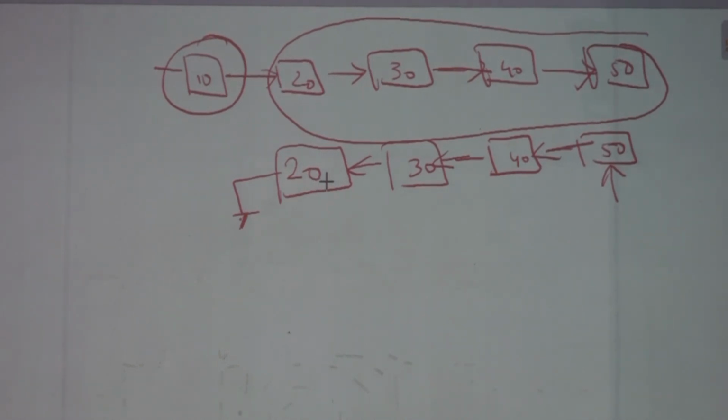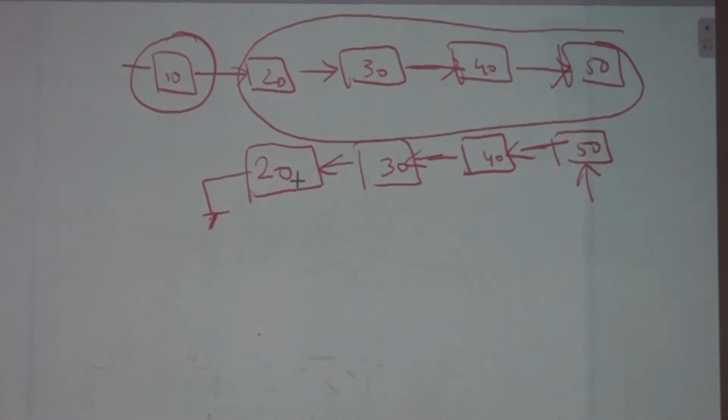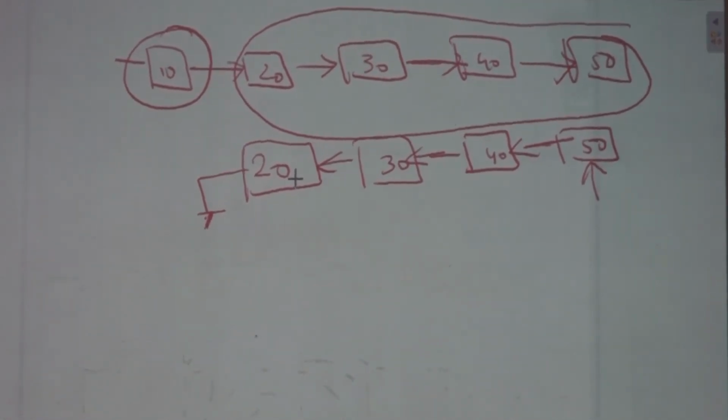Does this line make sense? Earlier T's next, that is this node's next, should become T. And my next, that's T's next, should become null.